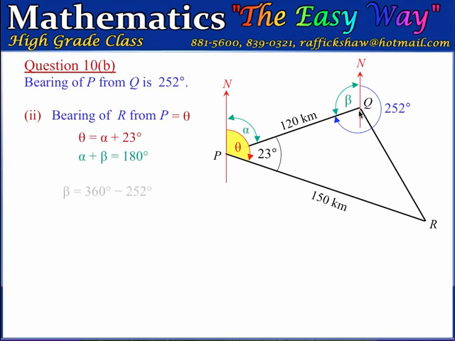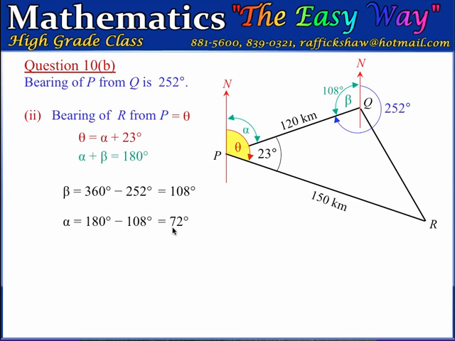And when we do that calculation, it comes out that beta is 108 degrees. So let's show that 108 degrees on the diagram. And so we can come back to this formula and say that alpha would be equal to 180 degrees minus 108 degrees. Alpha comes out to be 72 degrees.